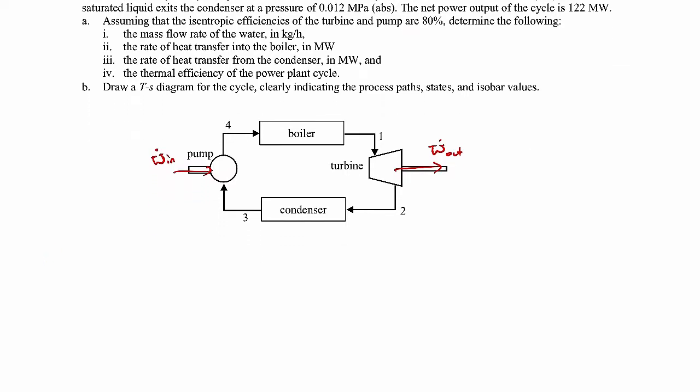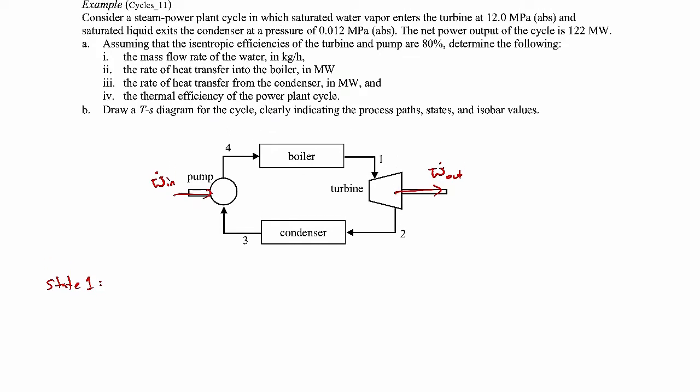So state 1, this part is kind of tedious in the problem, but it's a necessary part. State 1, we're told that we're dealing with saturated water vapor at a given pressure. Okay, so we're told saturated vapor, the working fluid is water, and we're told that the pressure at P1 is 12 megapascals absolute.